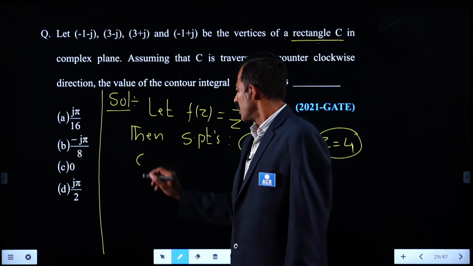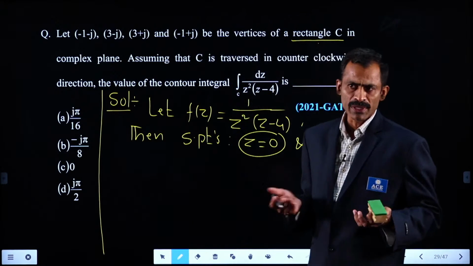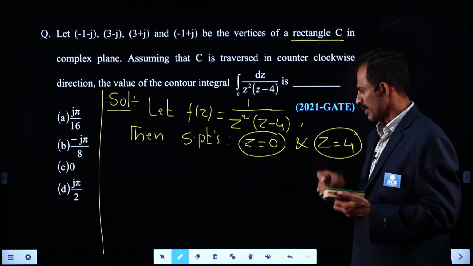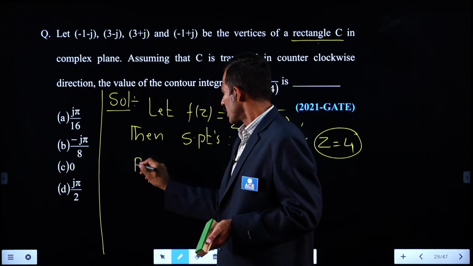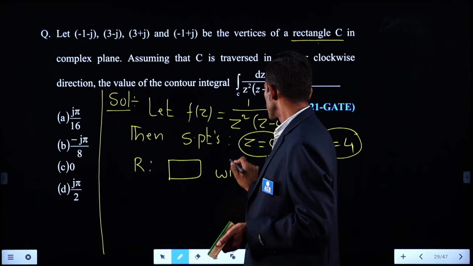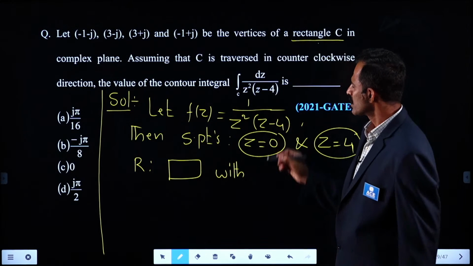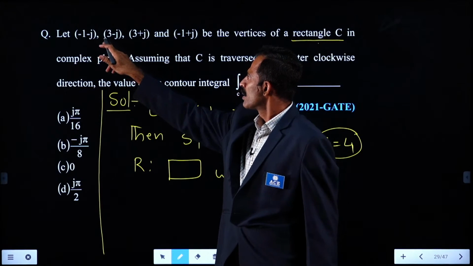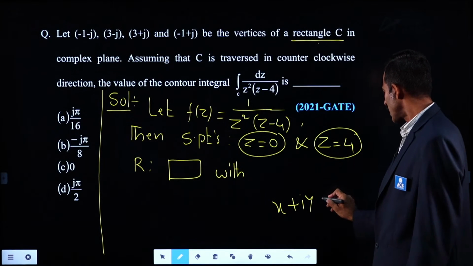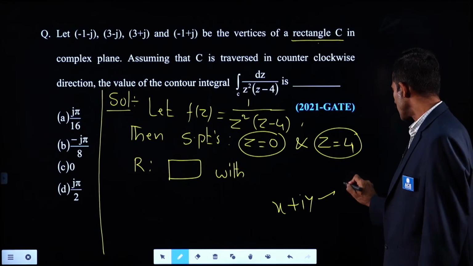Next, third step. According to the third step, we need to draw the diagram. If it is a circular region, no need to draw the diagram. But it is not a circular region, it is a rectangle, so we draw the diagram. Here, R is the rectangular region with vertices minus 1 minus j. Every x plus iy can be written as the coordinate of a point, an ordered pair of two real numbers, x comma y.